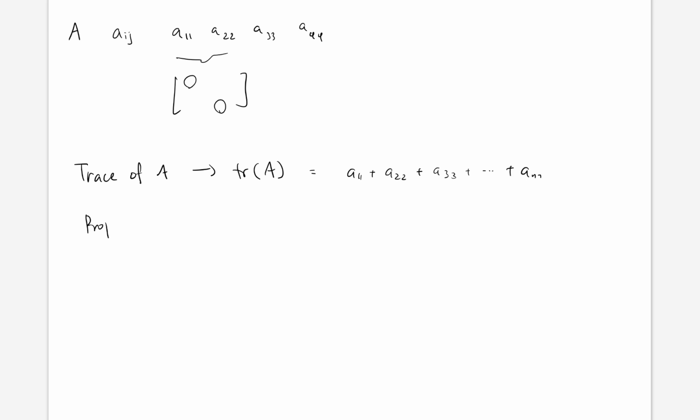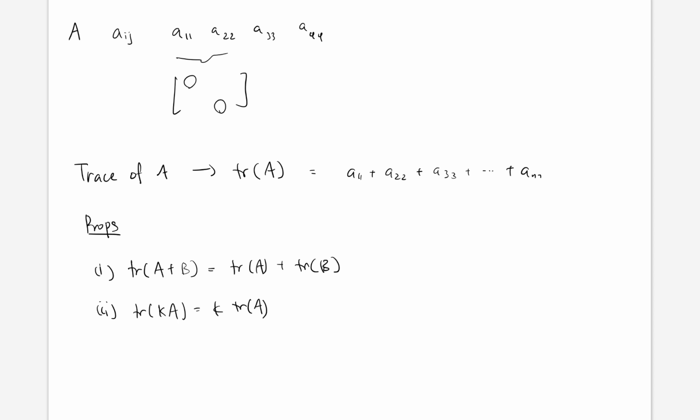Again, we have some properties. Firstly, the same sum property: taking the trace of 2 matrices summed is the same as summing up the respective traces. The second one is that taking the trace of the result of a scalar multiplication is the same as taking the scalar and multiplying it by the trace.